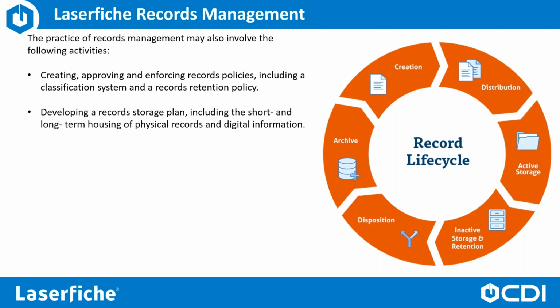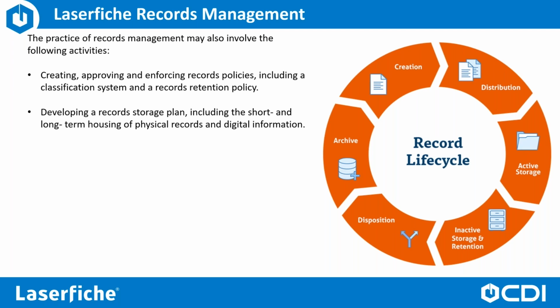There are things to think about when it comes to records management outside of just the record. If you have different types of storage in your Laserfiche infrastructure, you may have cheaper, what is often termed slower, storage, like a SAN with very inexpensive hard drives, for items that you're not going to access often.